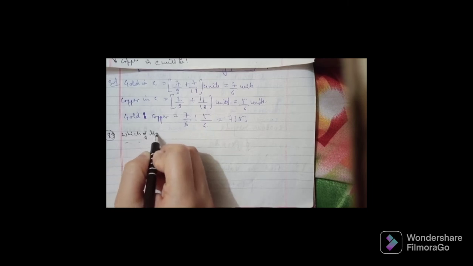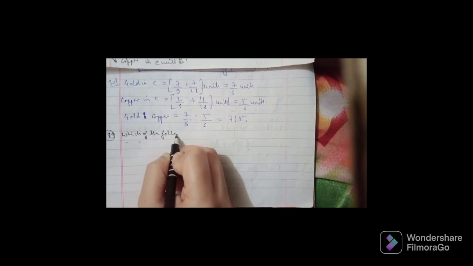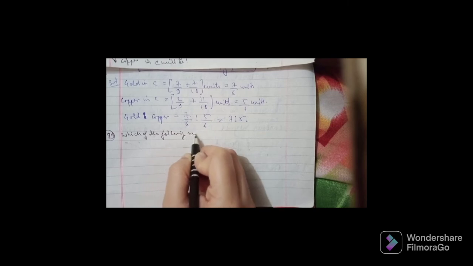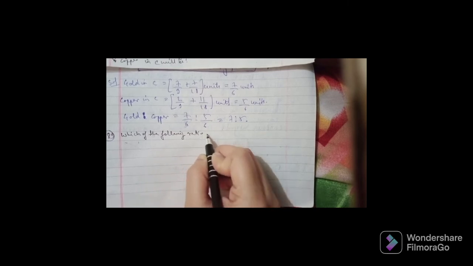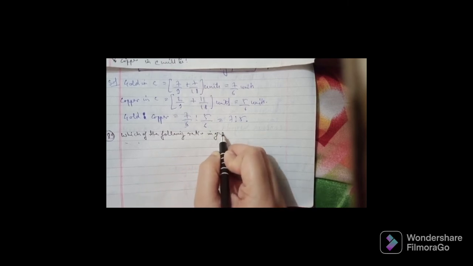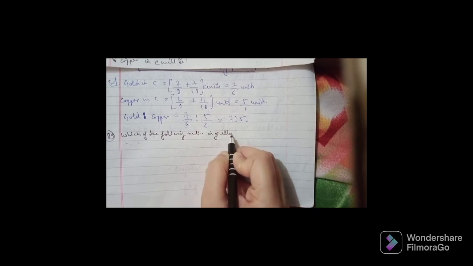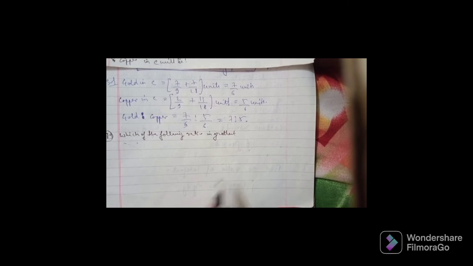Which of the following ratios is greatest? The options are 7:15, 15:23, 17:25, and 21:29.